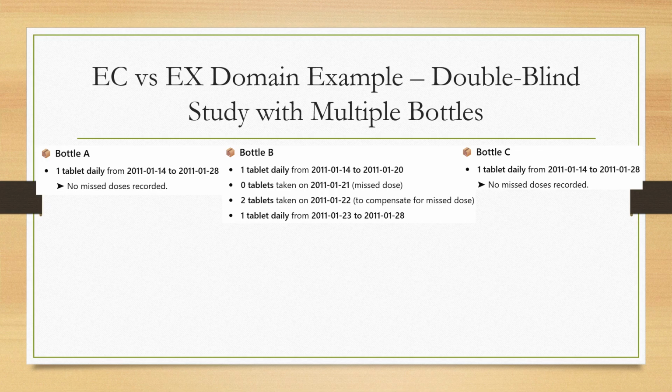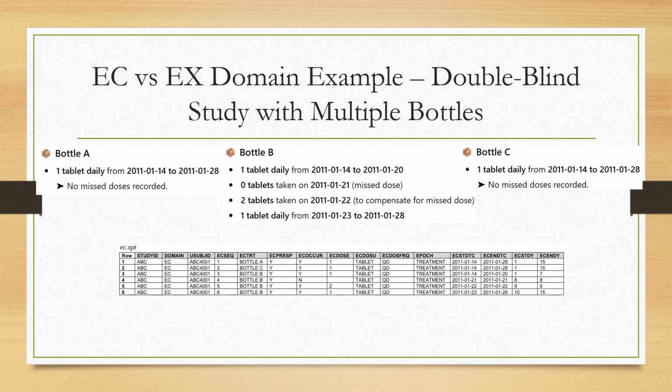So now let's see how the EC dataset will be created for this subject. As you can see, we have one record from bottle A where, since the subject took one tablet daily from 14th of January to 28th of January without any break, we can directly create one record where the dose is 1 and unit is tablet, and we have the frequency daily, which is QD, and we can have the start date and end date as 14th of January to 28th of January.